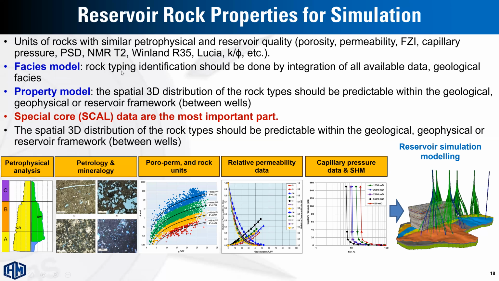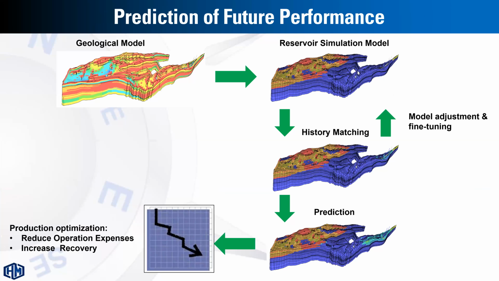So simply, this geological model or 3D grid can be converted to the corresponding simulation model. And the next step, after the definition of dynamic parameters and production data or measured data, is history matching, which is a two-way communication process for model adjustment and fine-tuning of the model parameters.